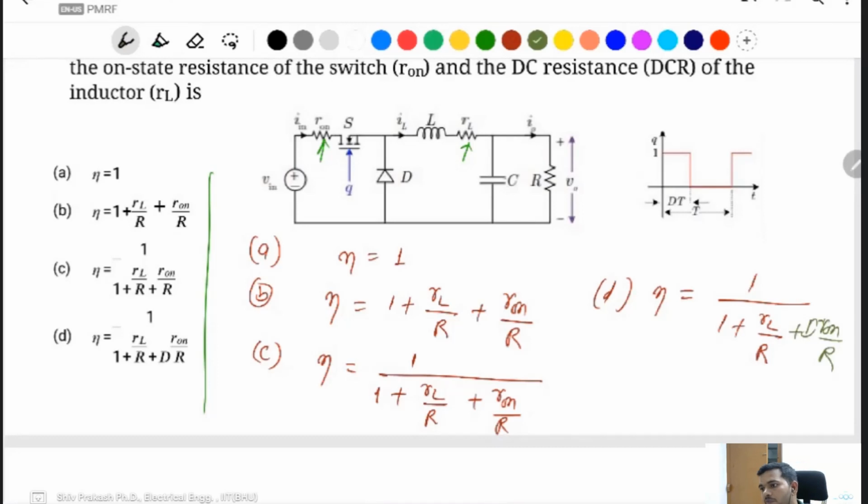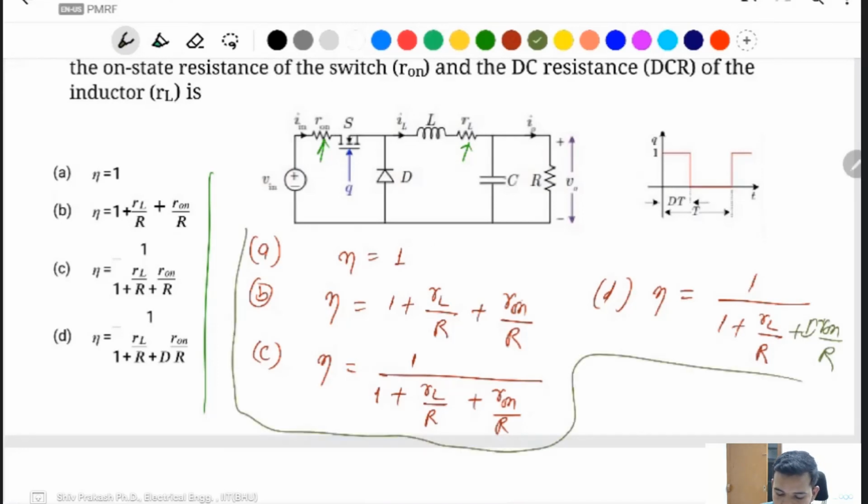On the options you can realize that if R1 and RL are not present in the circuit, then what happens? Efficiency is 100%, because if these are not present, so zero in all the options, efficiency is 100%. It means you realize the ideal buck converter.